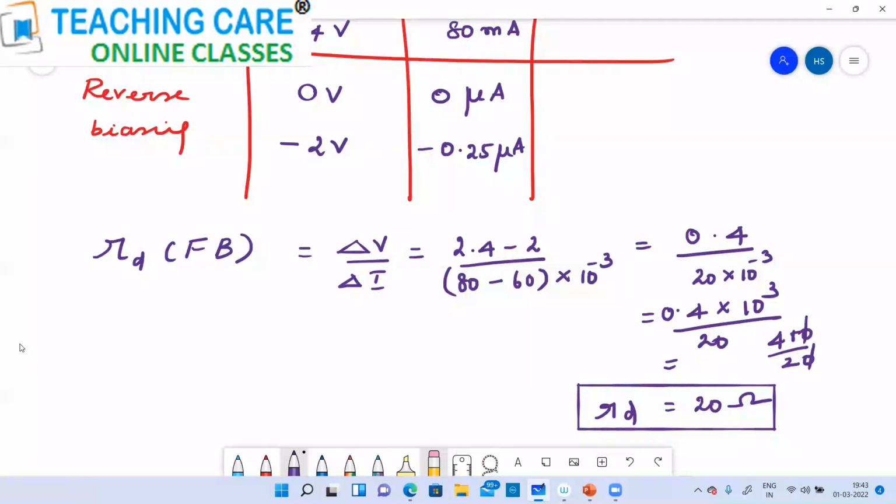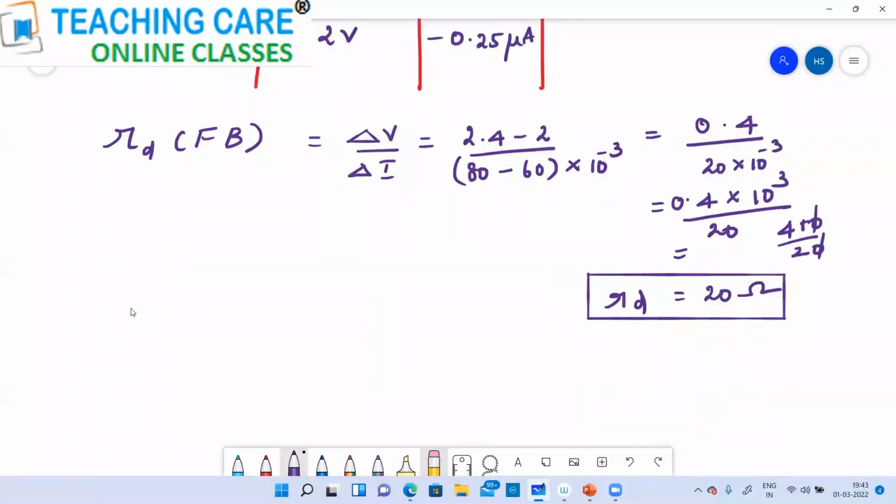I'm getting 4 into 10 raised to the power 6. Power is correct. So it is 8, sorry, 8. 8 means 8 into 10 raised to the power 6. So correct. Okay.